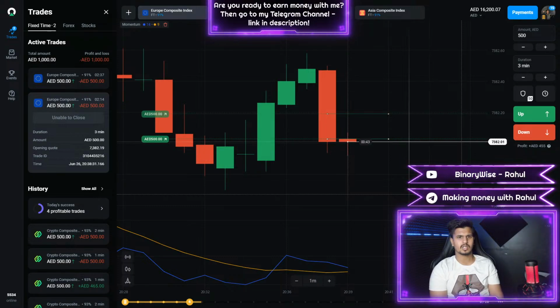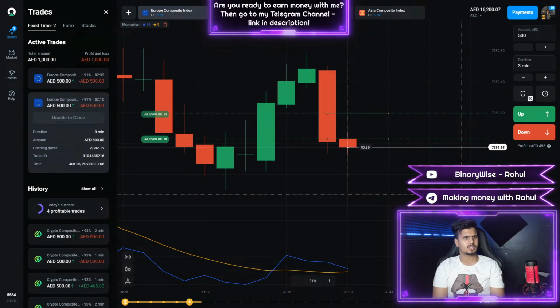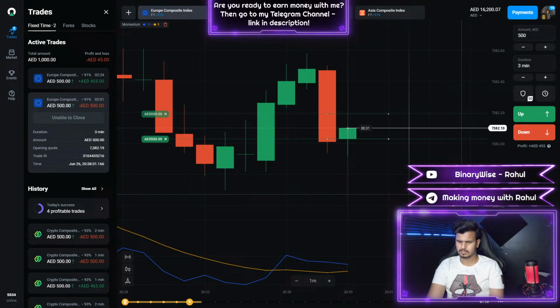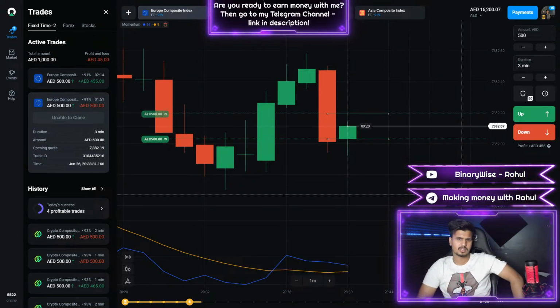Well, here also an inverted hammer formed, but we still have 3 minutes. Okay, so let's wait for the 3 minutes. One 500 came in profit, another has to wait.